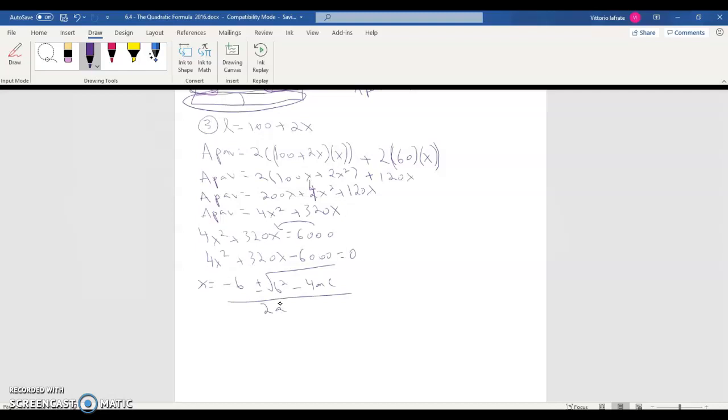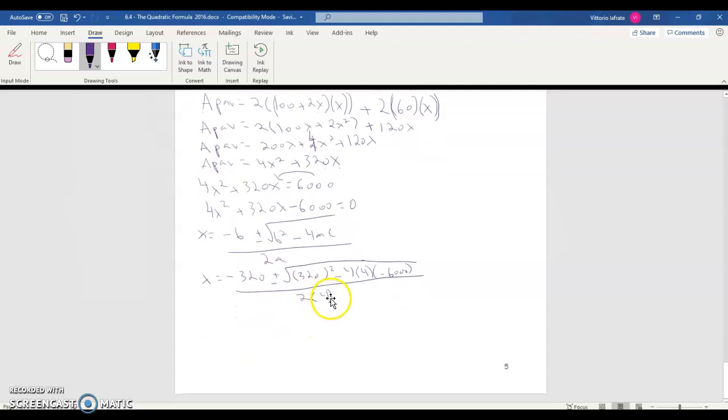You can plug your numbers in, and always find your a, b, and c first. So our b is 320, so negative 320 plus or minus square root of 320 squared minus 4 times 4 times negative 6,000 over 2a, so 2 times 4 there.